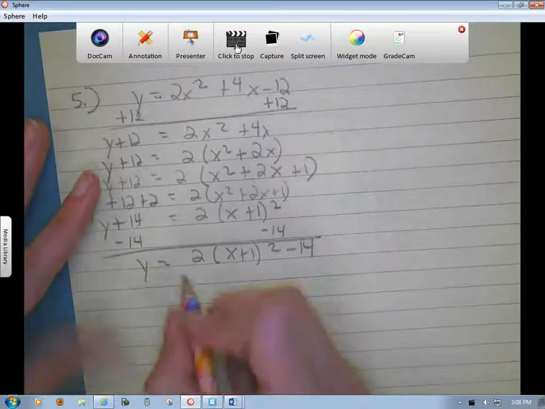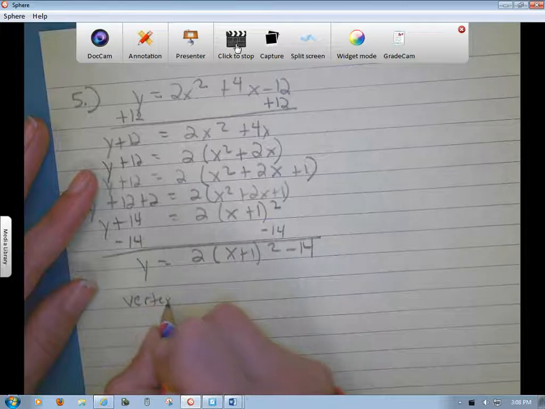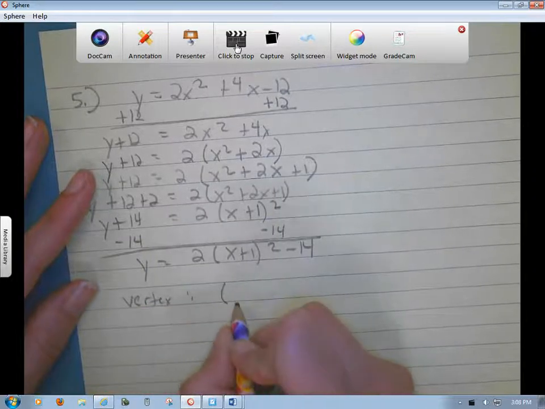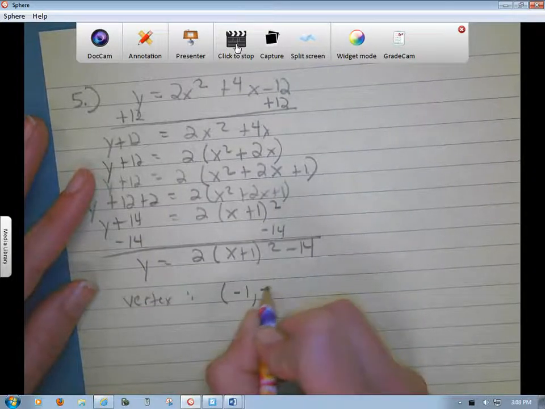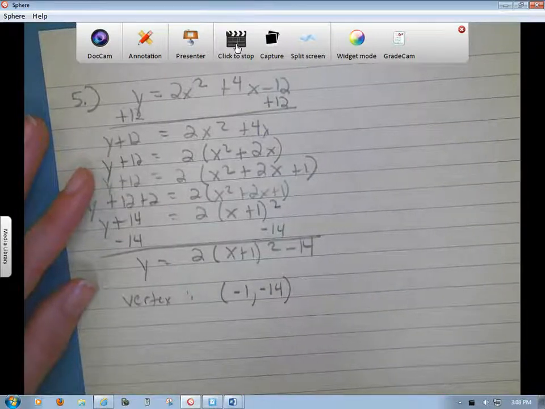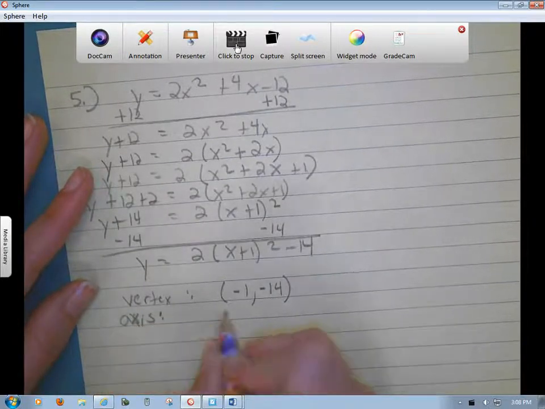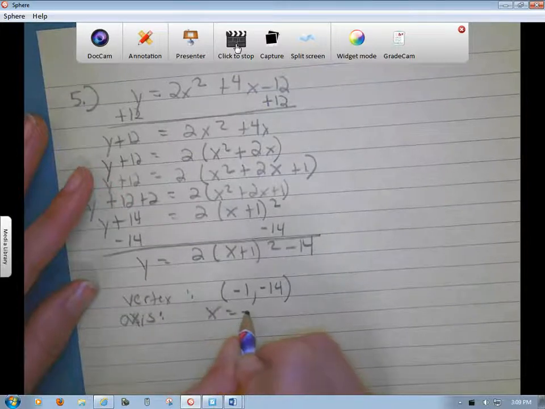So now I can pull from it my vertex, which is going to be -1, -14. Okay, then I can pull my axis of symmetry, which is going to be x equals -1.